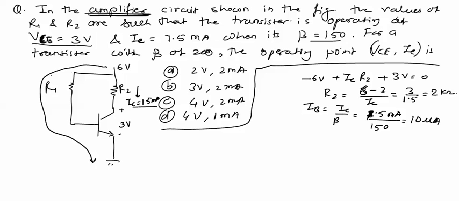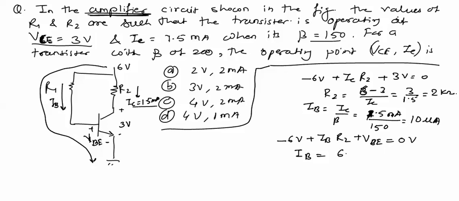Now when we apply KVL in this loop, we get the equation minus 6 volt plus IB into R2, because through this resistance base current will flow, plus VBE of this transistor equal to 0 volt. Now from this equation we get IB equal to 6 minus VBE divided by R2.